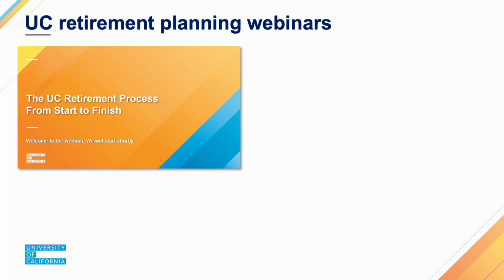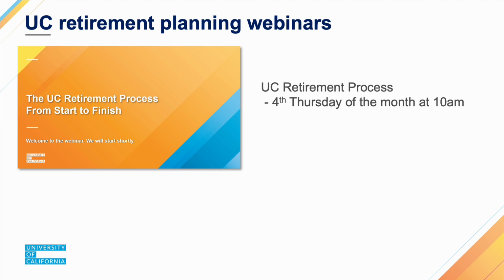Before we get started, I'd like to point to two additional webinars that you can attend to understand more in depth the UC retirement process and your UC retiree health benefits and the options that are available. The UC retirement process is offered on the fourth Thursday of each month at 10 o'clock.